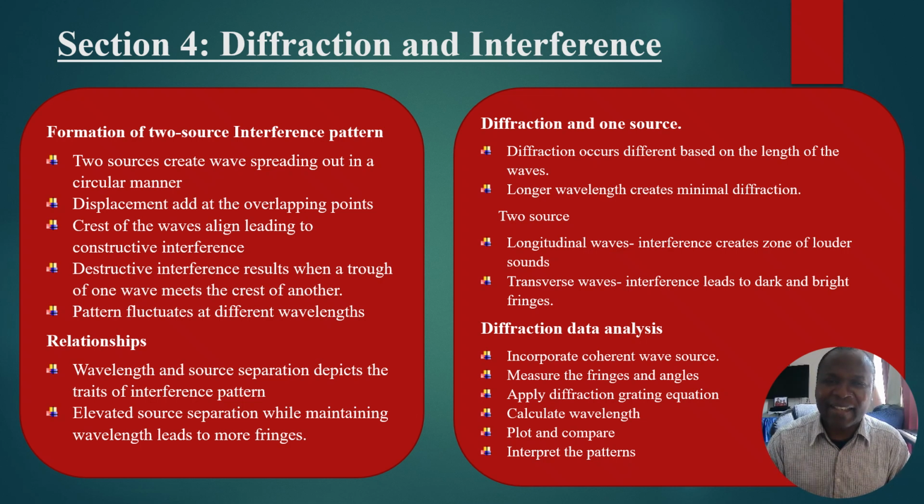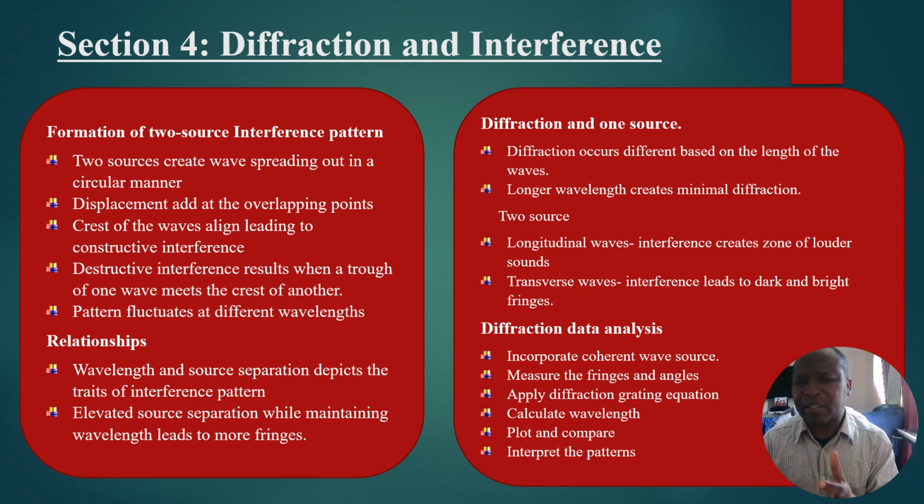Data analysis. Single slit diffraction: in a single slit diffraction experiment, the angle of the first minimum is related to the wavelength, slit width, and distance to the screen, using the formula theta equals lambda over a.